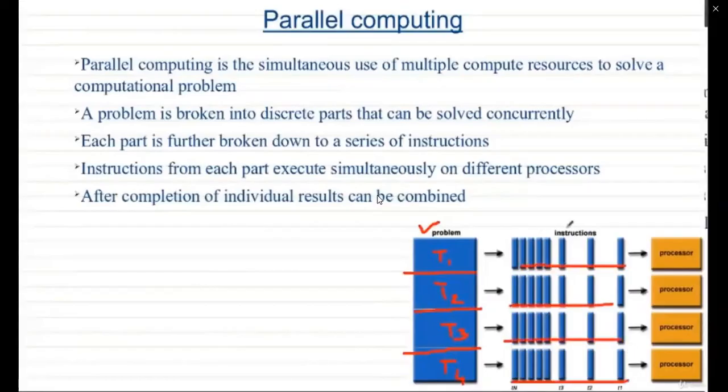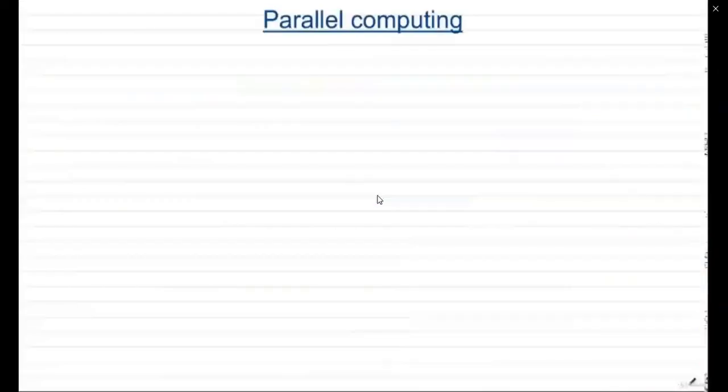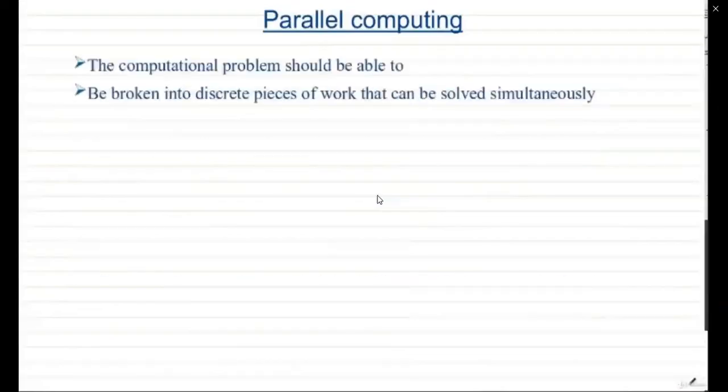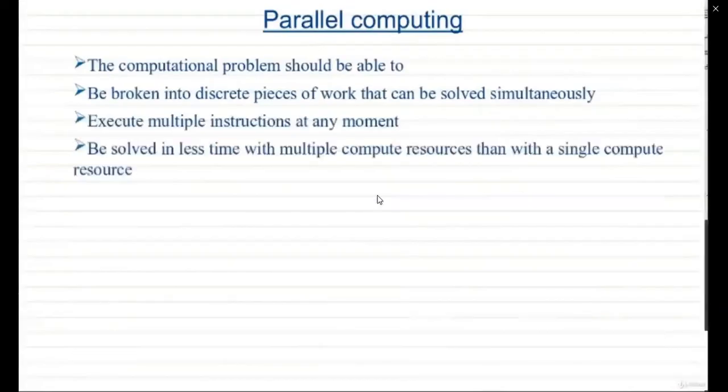The computational problem should be such that it can be broken into discrete pieces of work that can be solved simultaneously. It executes multiple instructions at any moment and can be solved in less time using multiple computer resources than with a single computer resource.